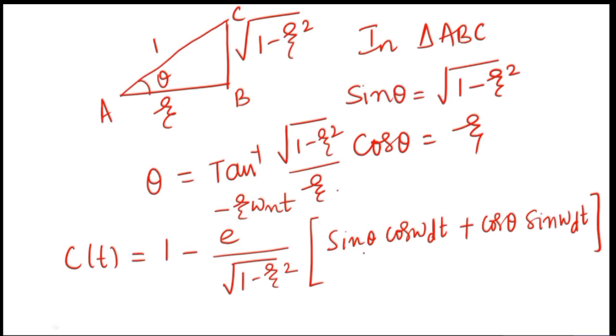If you look at this trigonometric relation, sin A cos B plus cos A sin B is equal to sin(A plus B).